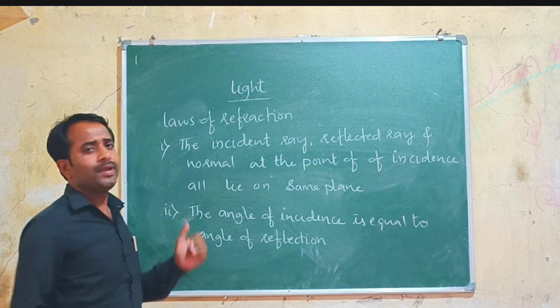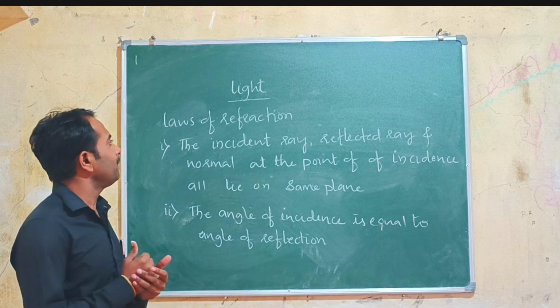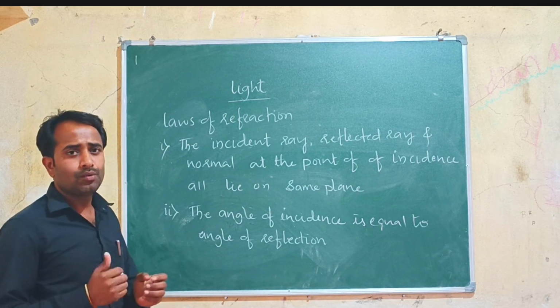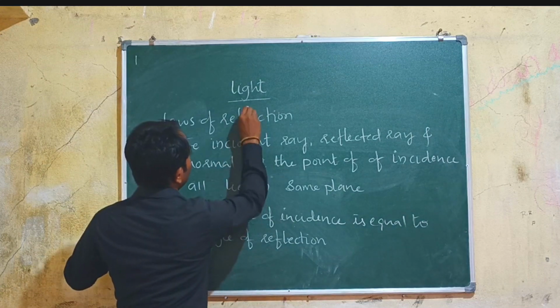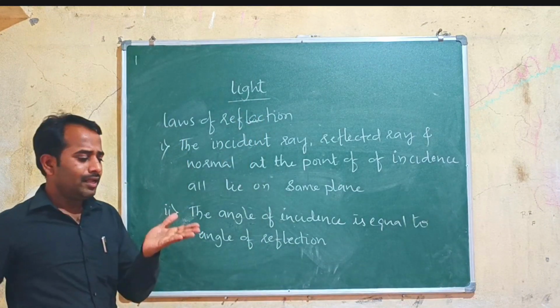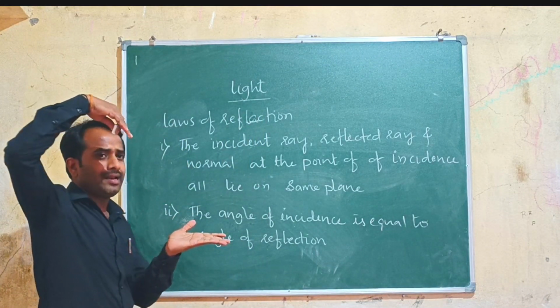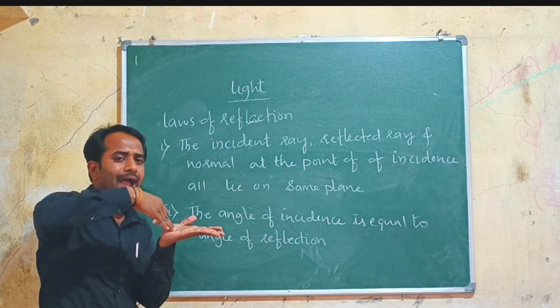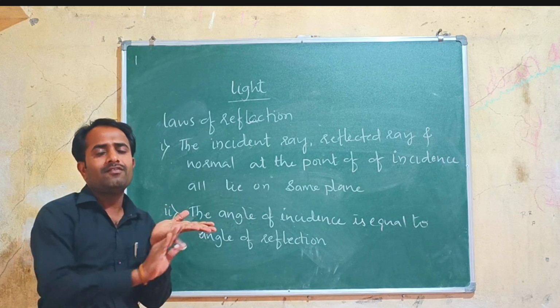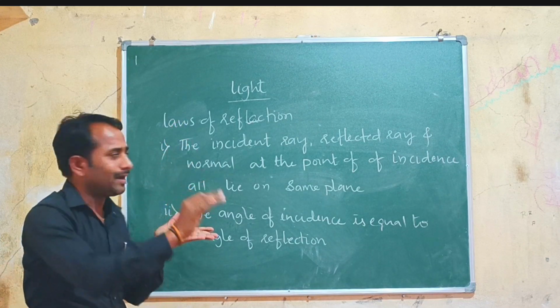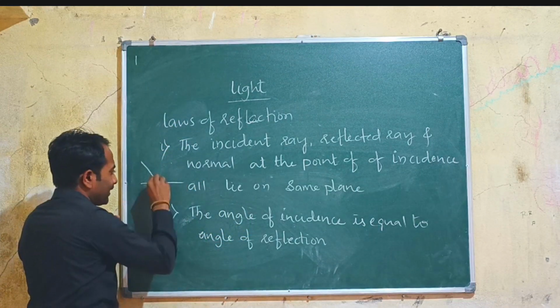In the first session, we learned what reflection of light is. In today's session, we want to know about the laws of reflection. If an incident ray falls on the shiny surface, it gets reflected.